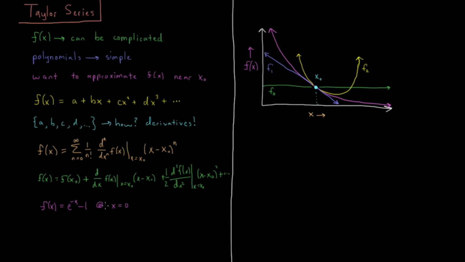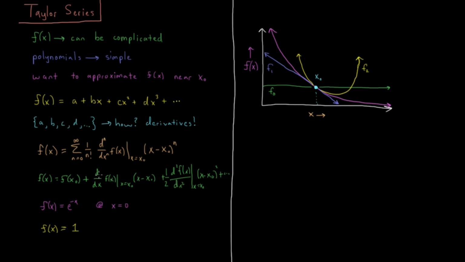All right, so our Taylor series approximation is going to be: f of 0, so e to the minus 0, is 1. So the value there is going to be 1.